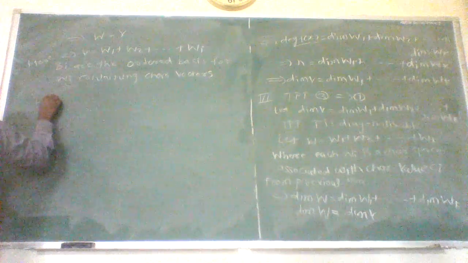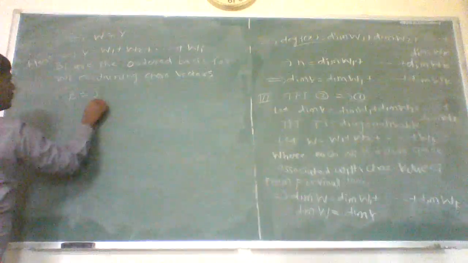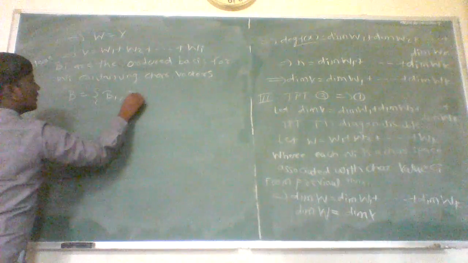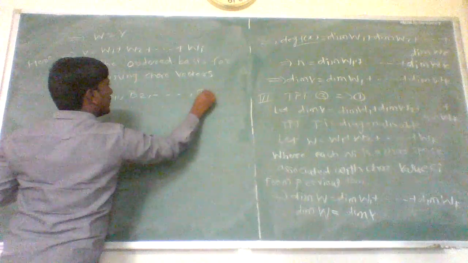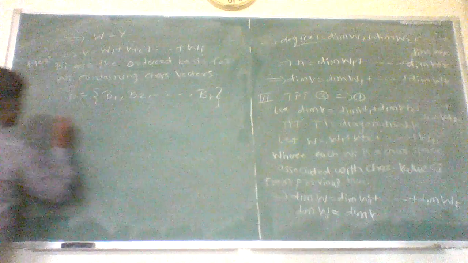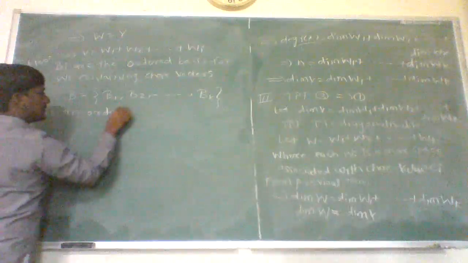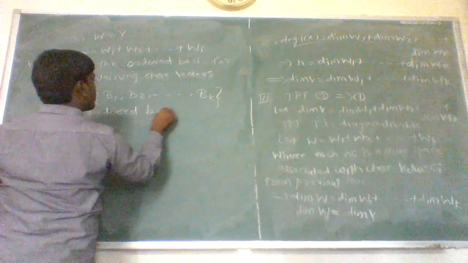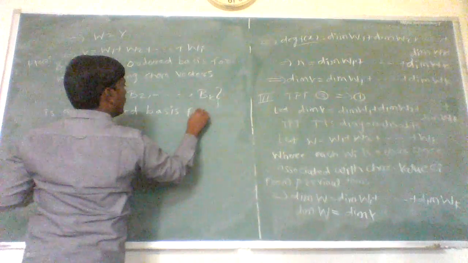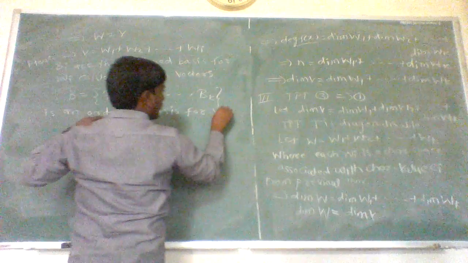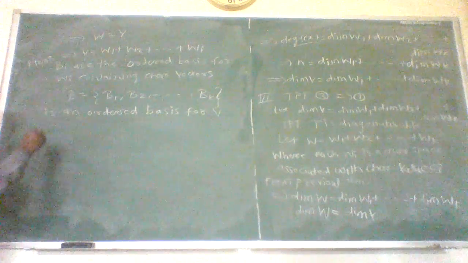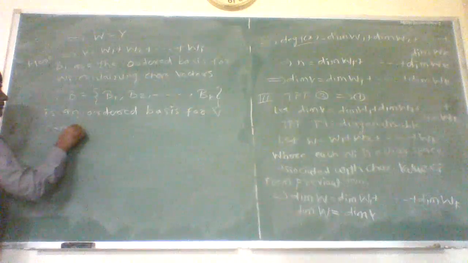Therefore curly B equals curly B1, curly B2, up to so on curly Bk is, from the previous theorem, an ordered basis for W, but here W is nothing but V, an ordered basis for V containing characteristic vectors.